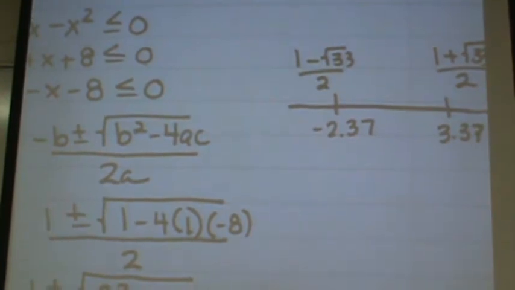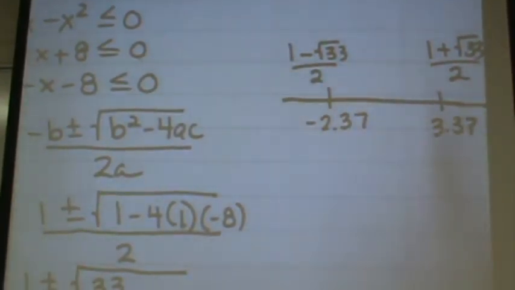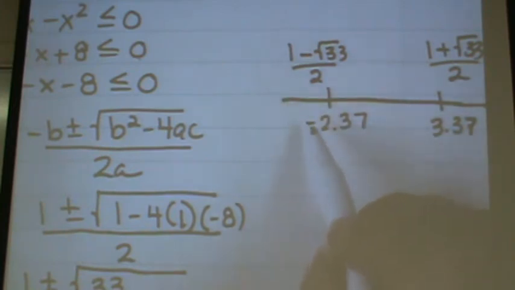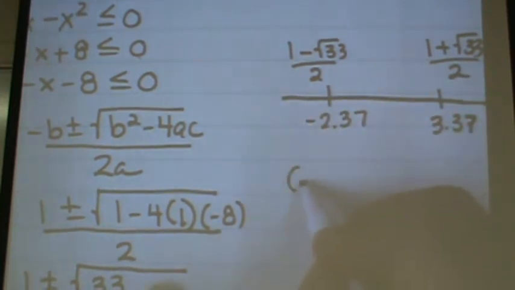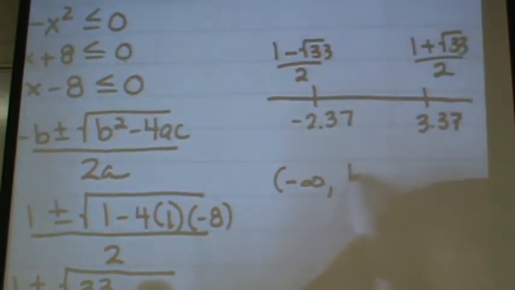So let's use negative 3. We have 3 intervals. We have negative infinity to this number right here, 1 minus root 33 over 2.